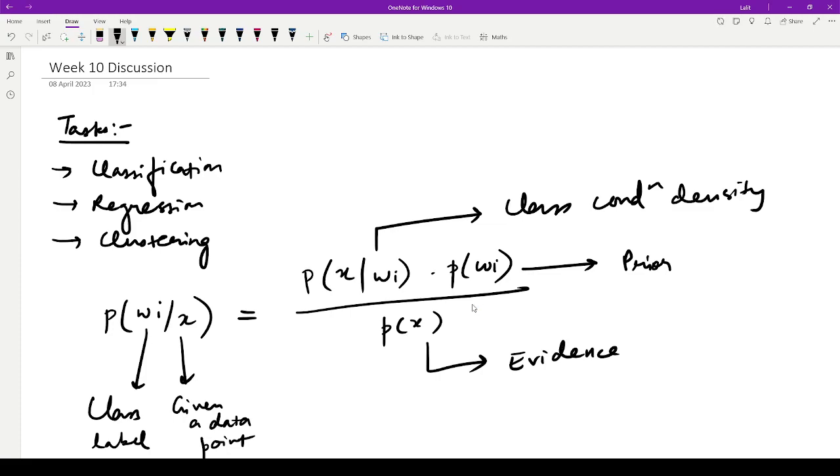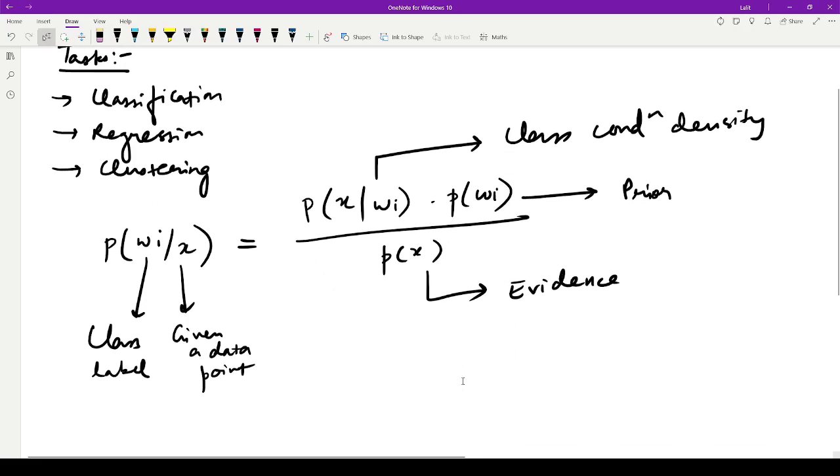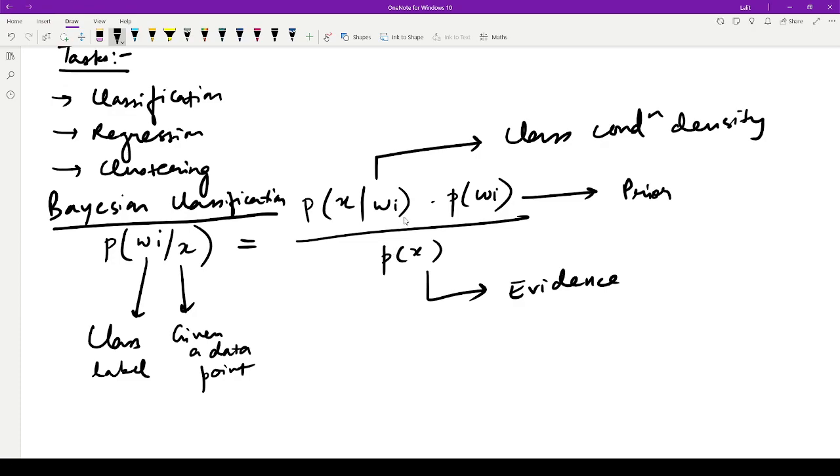It gives you a characterization of that. So this is the Bayesian classification approach. For most of these cases, you assume that your densities are parameterized. For instance, if a Gaussian density is there, then you can easily get the mean and variance and try to model this posterior density.